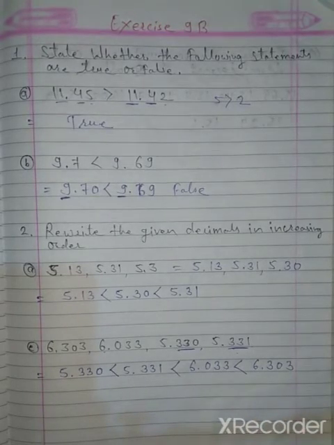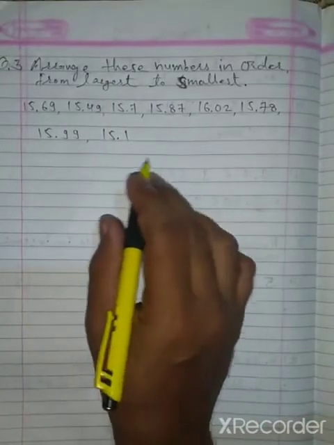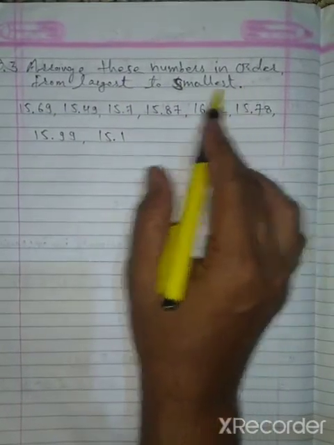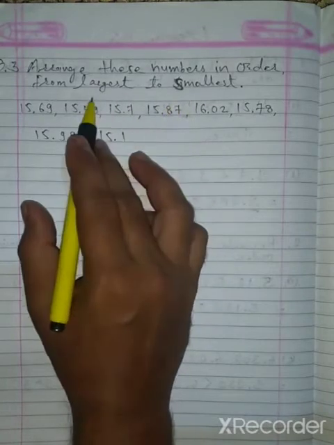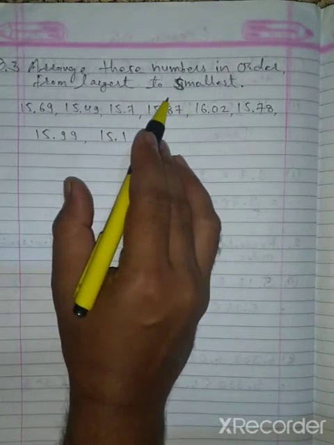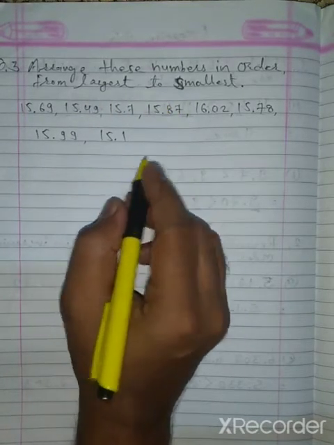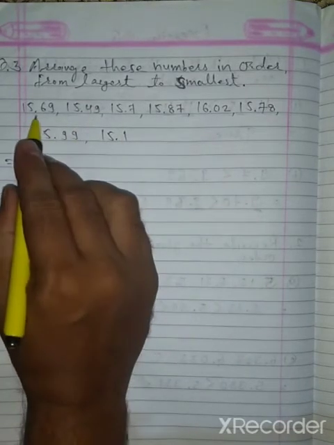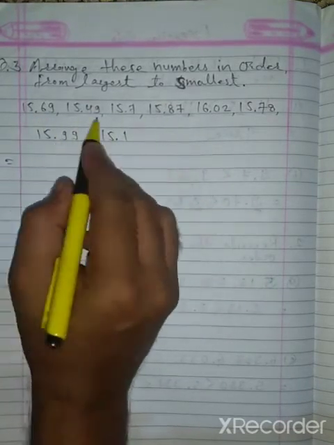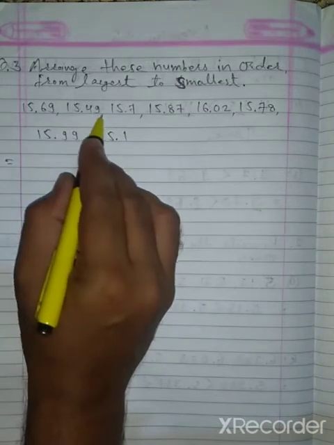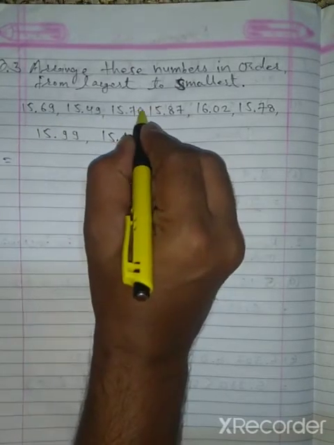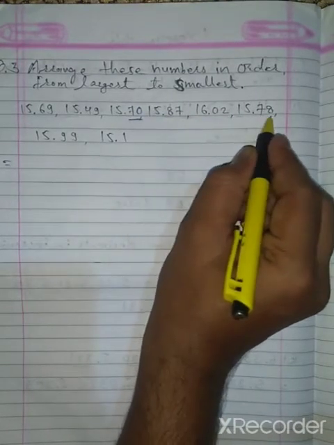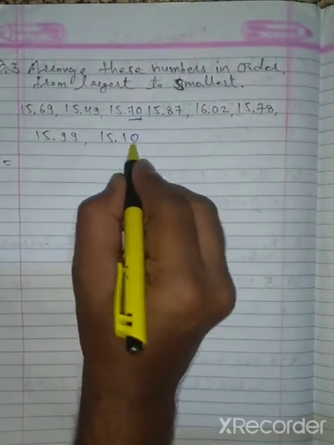Let's take question number third. Arrange these numbers in order from largest to smallest. Largest to smallest means you have to arrange in descending order. So for descending, first of all we will find the greatest. Here we will convert into like decimals. There are two places here, a single place here, so put 0 here, then two places here, and at the last this one.